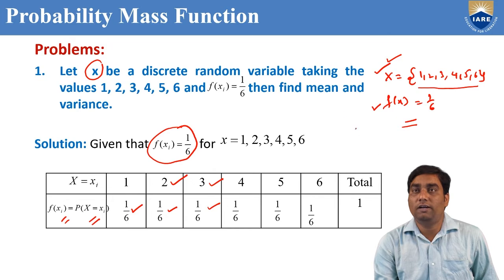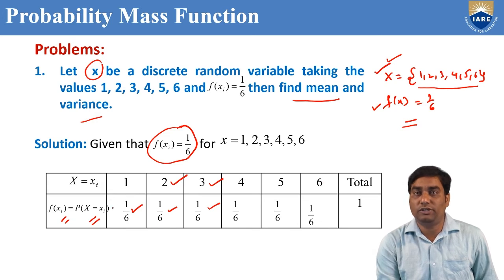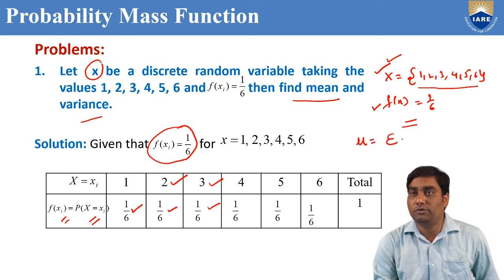What are we going to find for this problem? Find the mean and variance. After getting the probability distribution table, we can find the mean and variance. The mean formula in PMF is mu equal to sigma x into f of x.